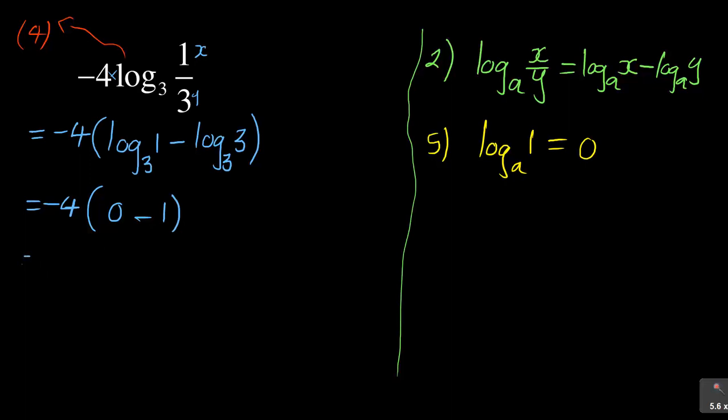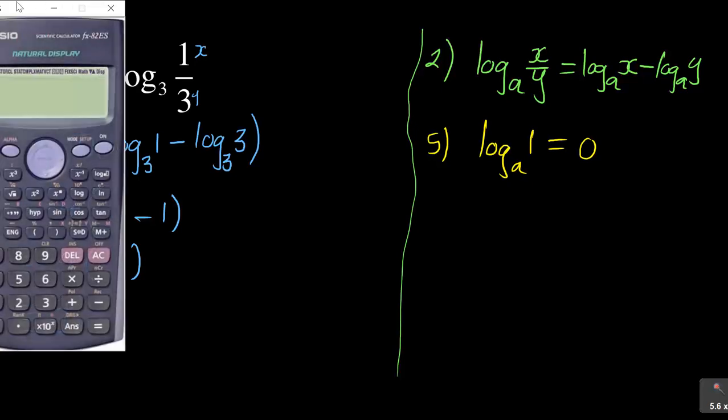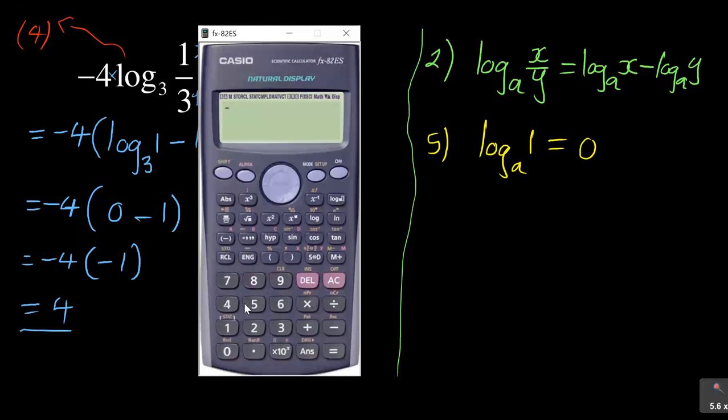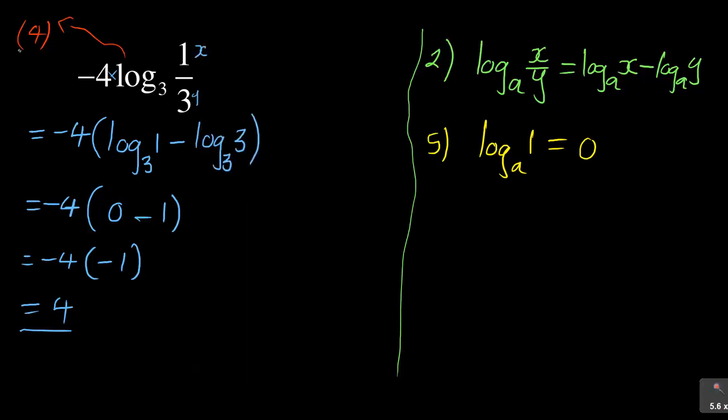Now it is equal to minus 4. 0 minus 1 is minus 1. So I've got minus 4 times minus 1. The negative 4 times the negative 1 is a positive 4. Your calculator can actually multiply that, negative 4 bracket minus 1, and it gives you a positive 4, which is the same answer I got before I used the calculator. So that is how you can solve that.